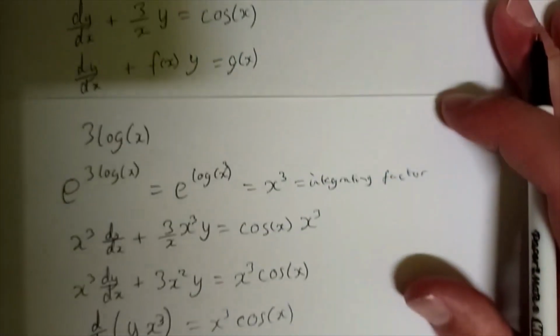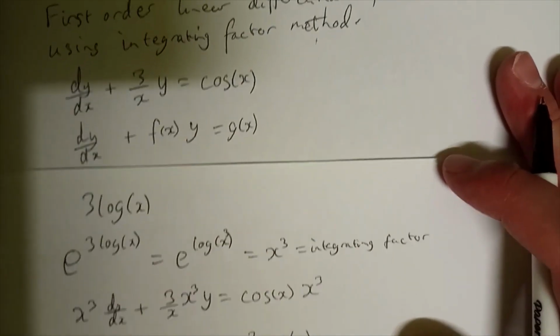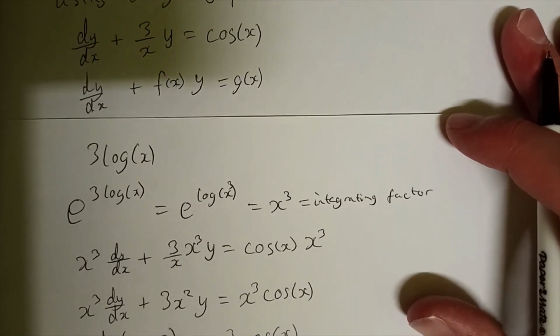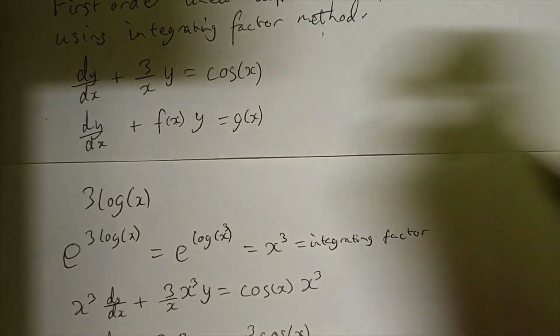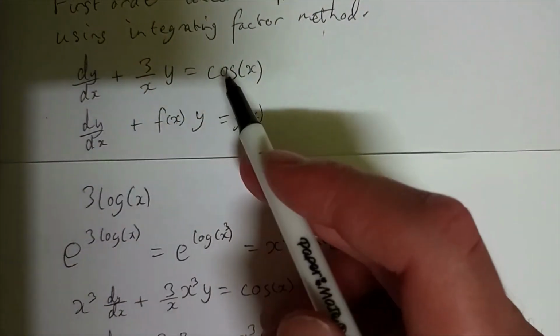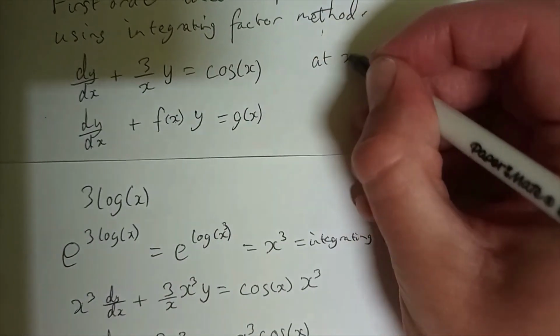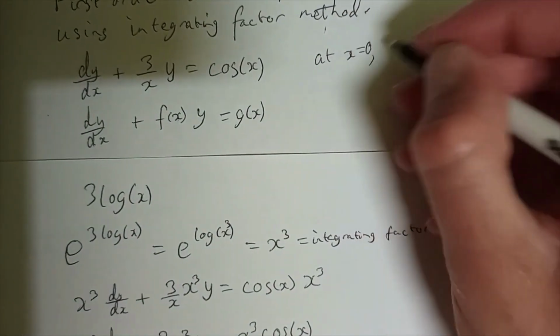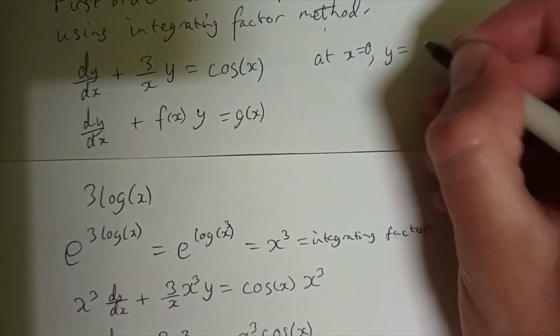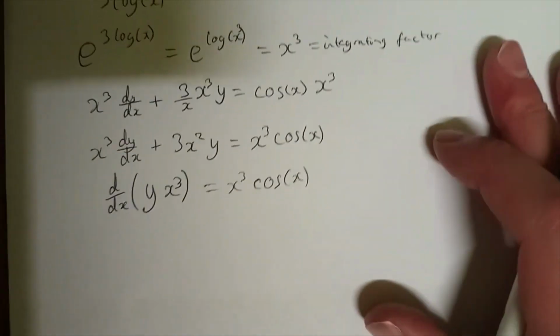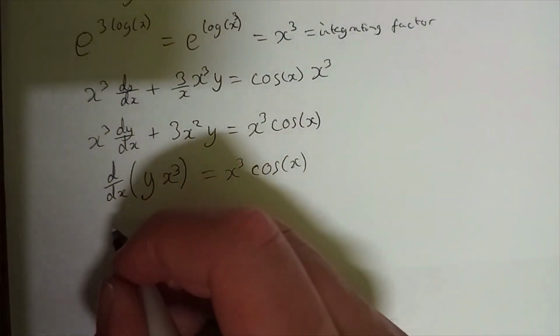Now we might have also been given an initial condition. So we might have had this differential equation, and perhaps we've also been given an initial condition, say at x equals 0, y equals 4. I'll use that condition when I integrate.